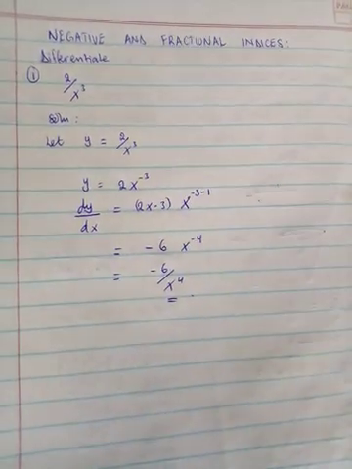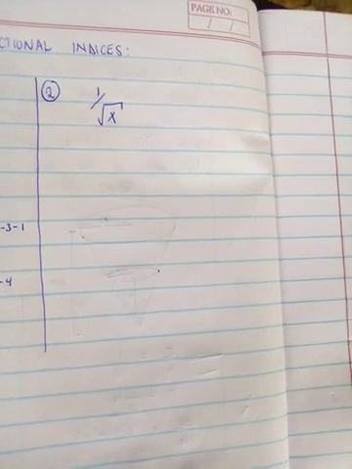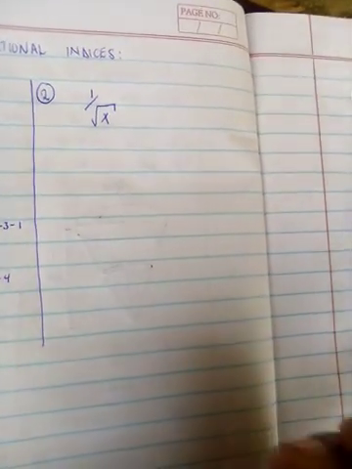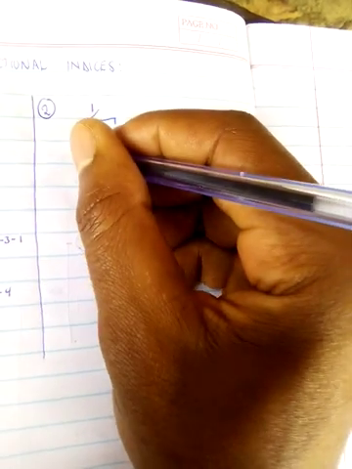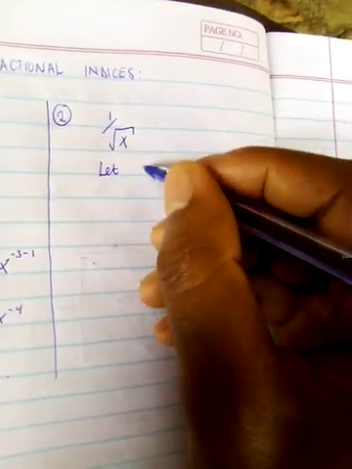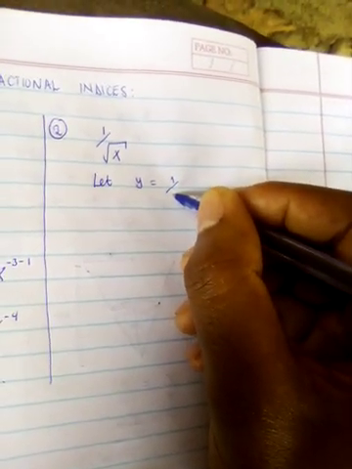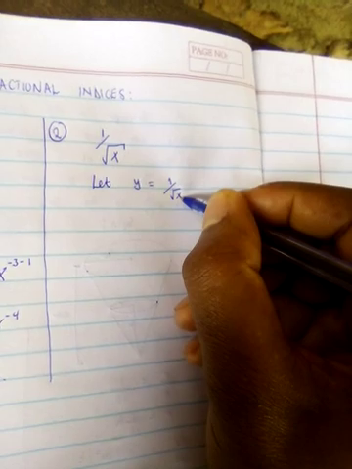We can look at the next one. We are required to differentiate this one. The same thing, we still let y equal 1 out of the root of x.